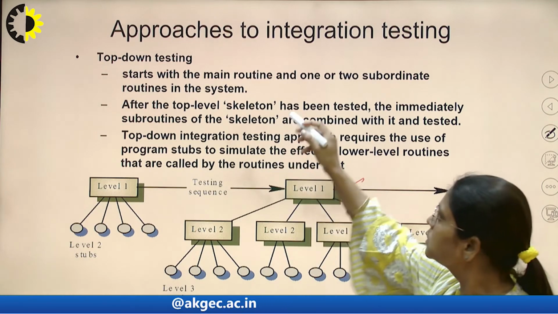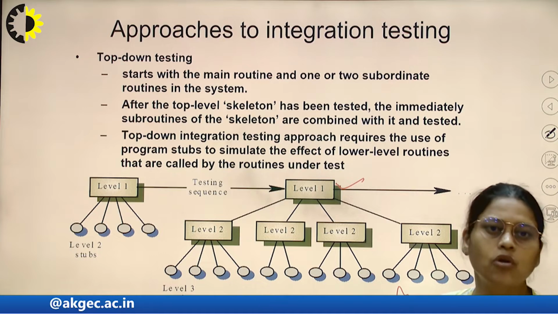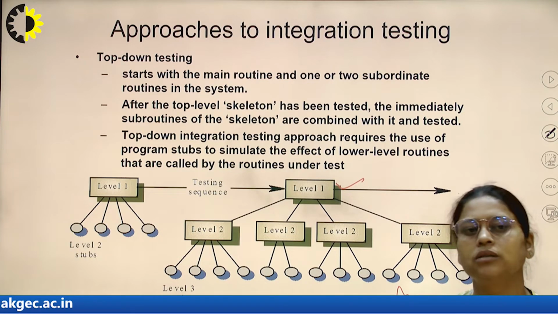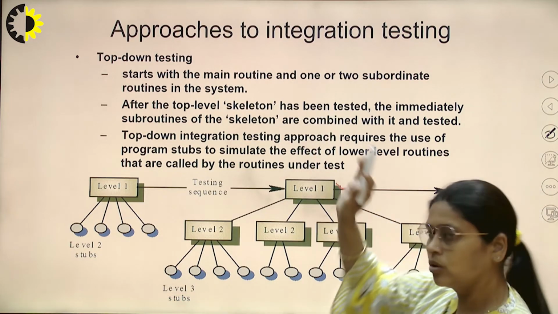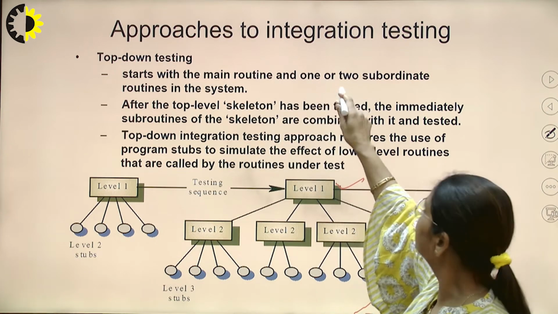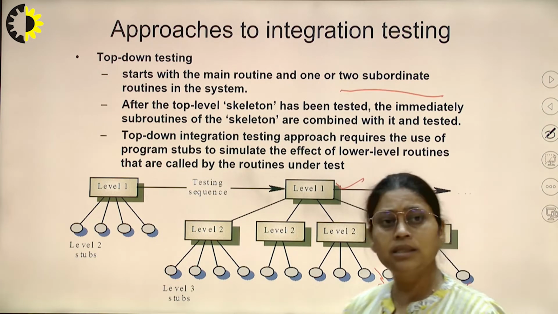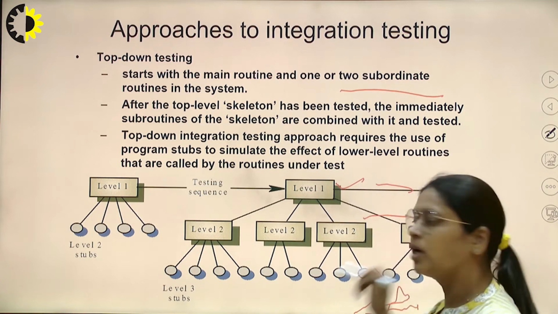We start with the main routine and two subroutines in the system. This is level 1. Then we check level 2.